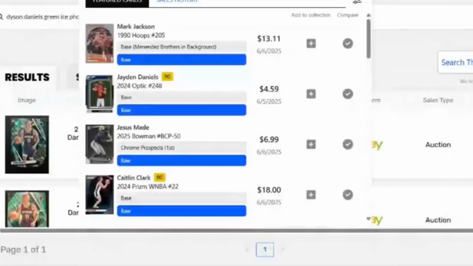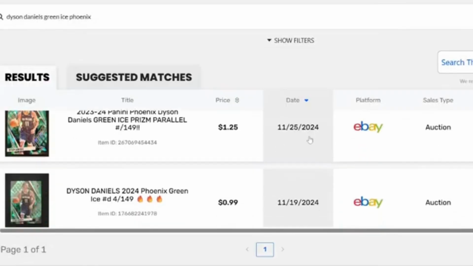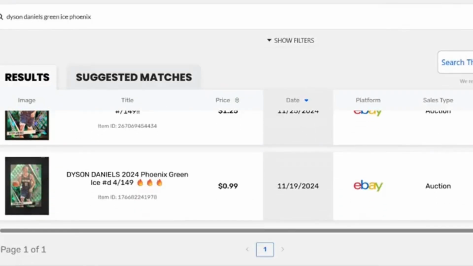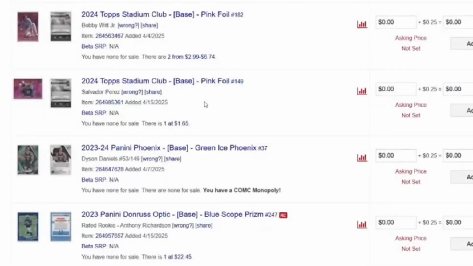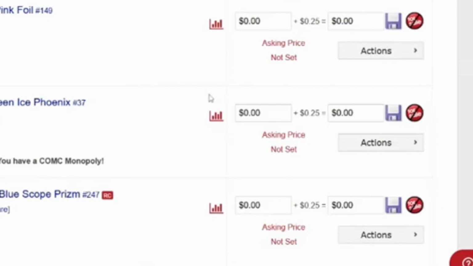Yep, at 1.49. So here we have $1.54, $1.25, $1. So those are only 3 sales. Because I don't mind, we're at the tail end of the NBA season, let me put this one for $2 and I can adjust as needed. I'll do $2 because I have a COMC monopoly.